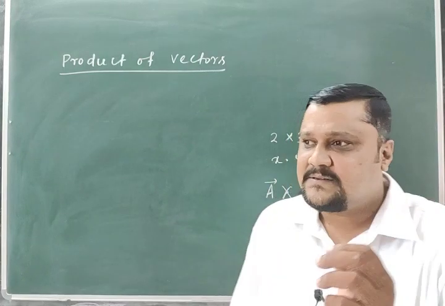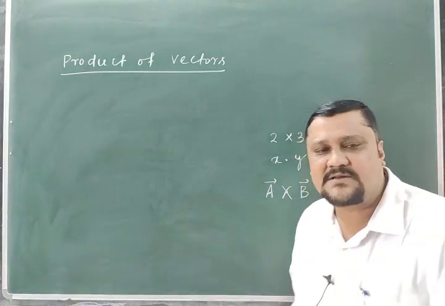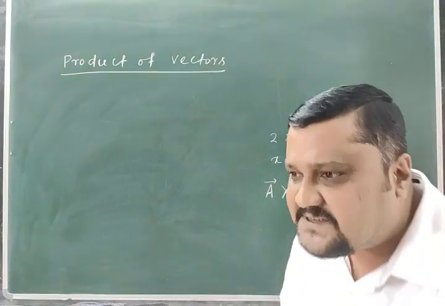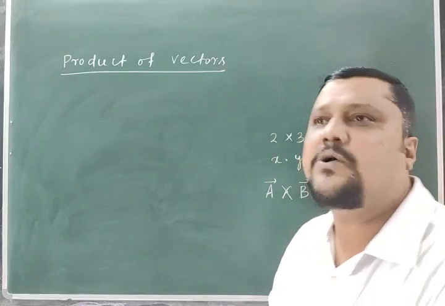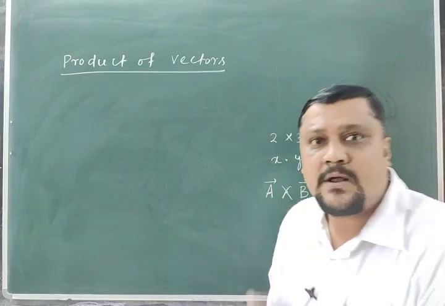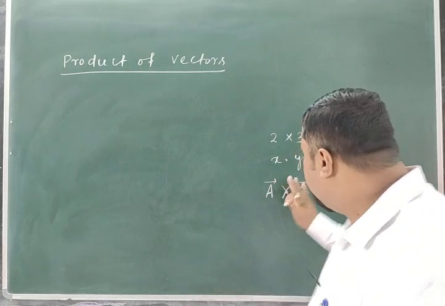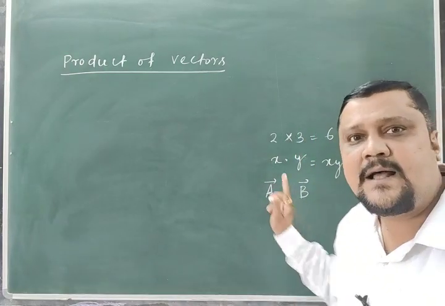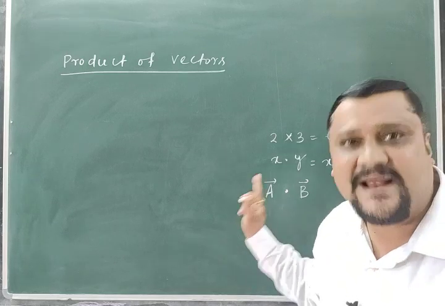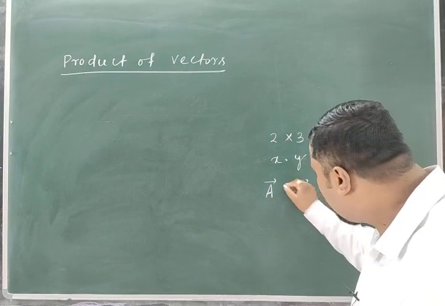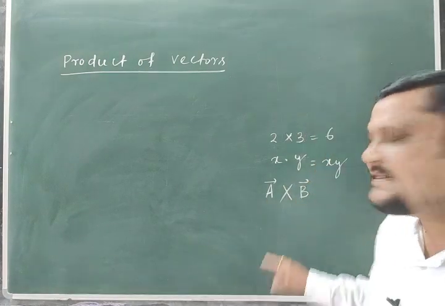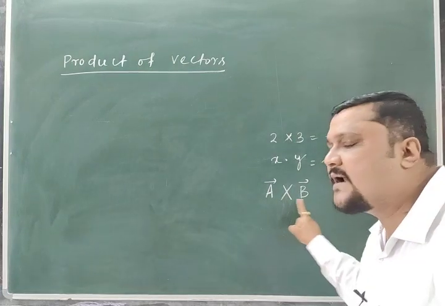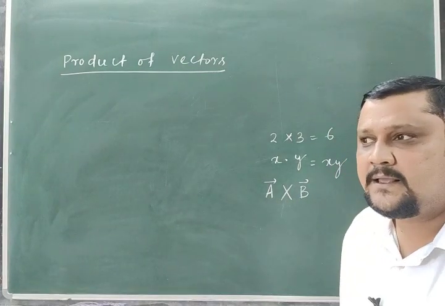So the product of vectors does not make us free to put the symbol dot or cross. If I put a dot between these two vectors, this is called the dot product of vectors. If I put a cross symbol in between them, then this is called the cross product of two vectors.